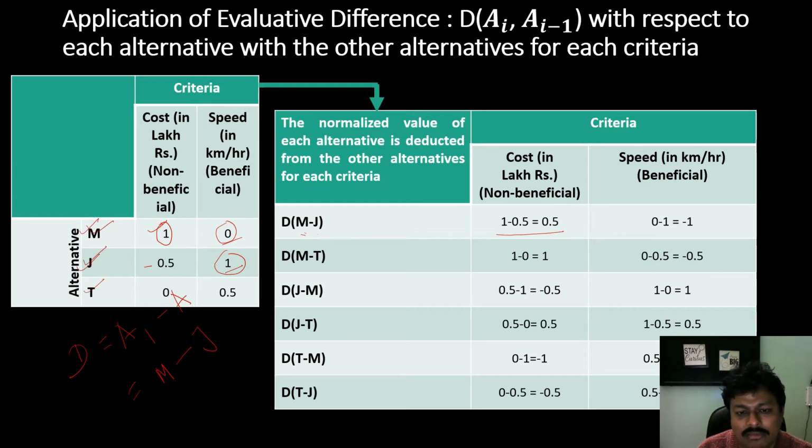After that j minus m, j minus t, then t minus m, t minus j. So just deduct the normalized value of one alternative from the other, for both the criteria, for both cost and speed. Right? I think this is self-explanatory. So we move to the next slide.